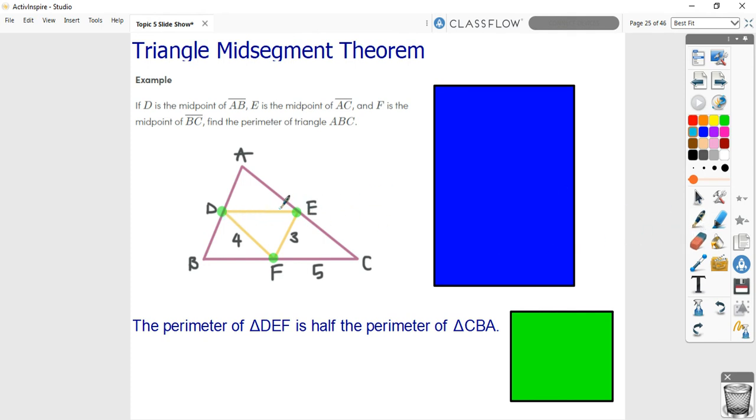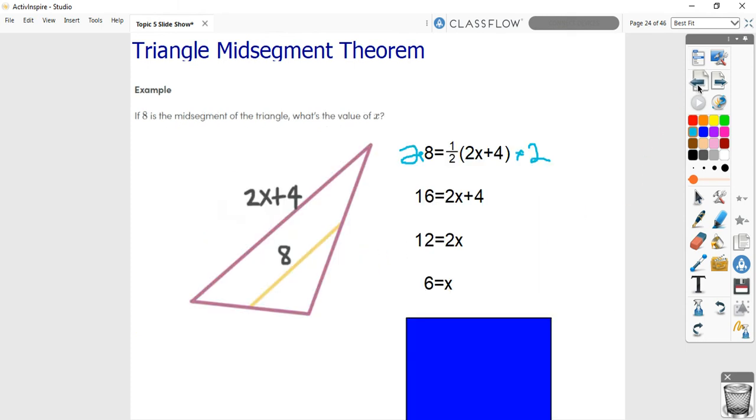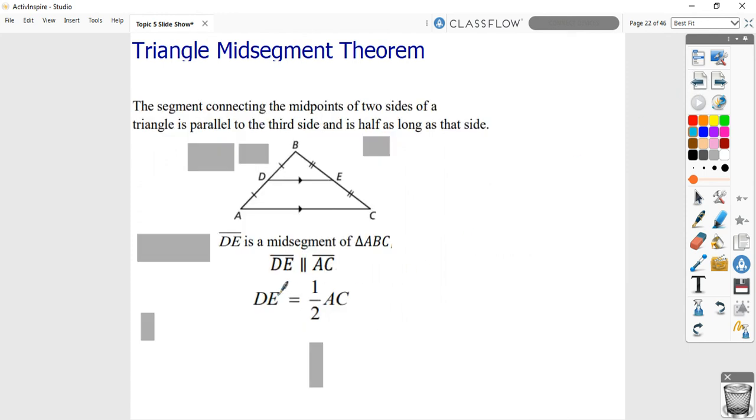And if we've got two of those three, we can figure out that this last one, DE, is the same as half of this one right here, right? That's what our theorem said a couple of slides ago. Our theorem right here says that the midsegment equals 1/2 of the longer side.